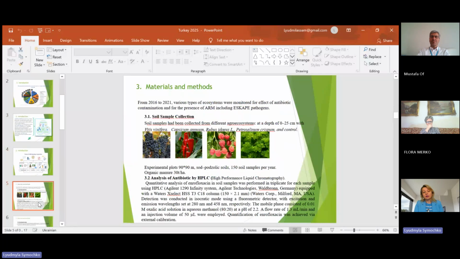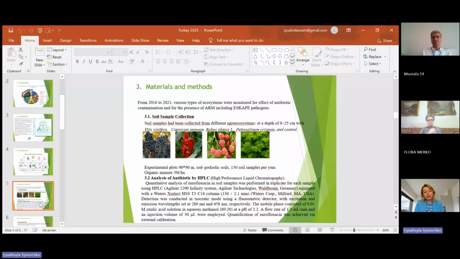In our study, we chose several agroecosystems and tried to determine how contamination by antibiotics can affect soil microbiome, how it can change the structure of the soil microbiome, and spreading of antibiotic-resistant microorganisms, including ESKAPE pathogens.